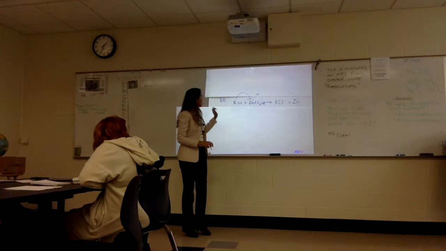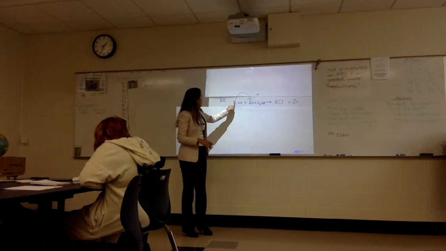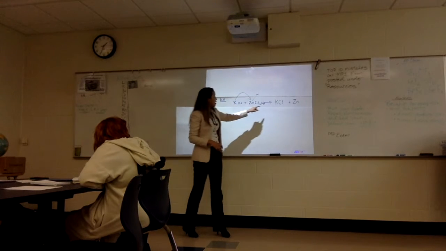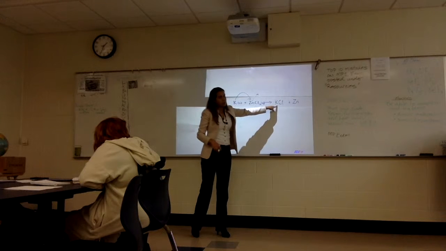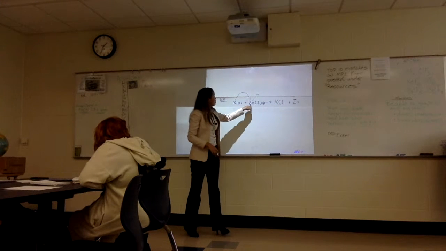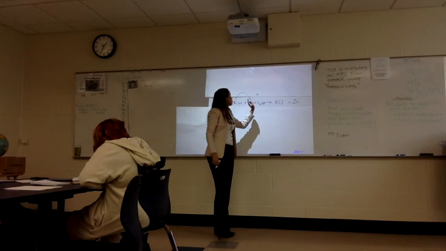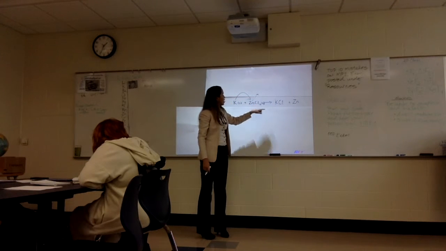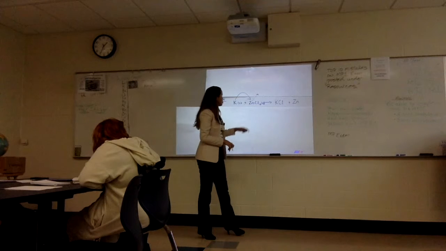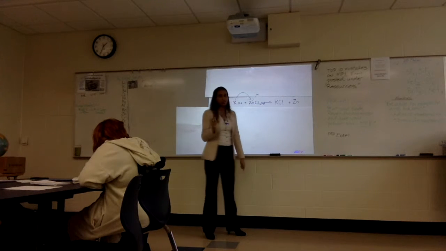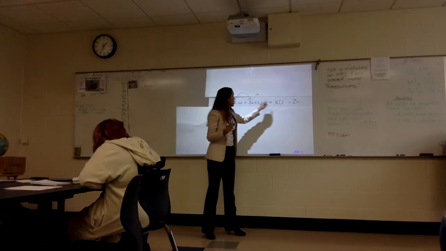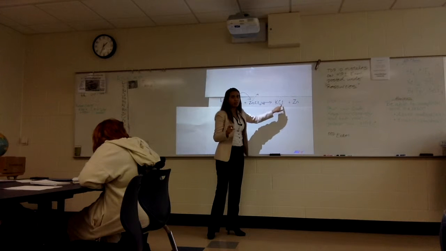So now let's count through together. We have 1 potassium here and 1 potassium there. We have 1 zinc here and 1 zinc there. And now the chlorides, how many do we have left? 2. This little 2 tells us that there are just 2 chlorides. And how many is over here?